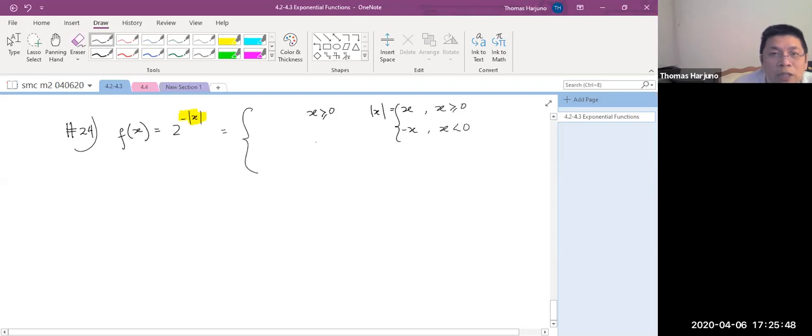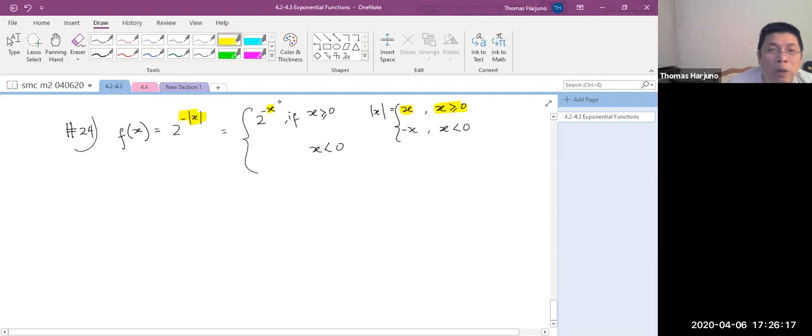Now, using this idea, I plug that in here. When x is 0 or positive, absolute of x equals x, so the function is 2 to the negative x.